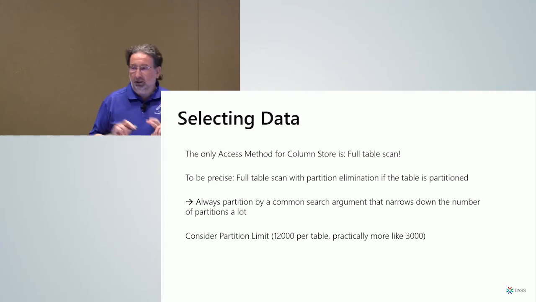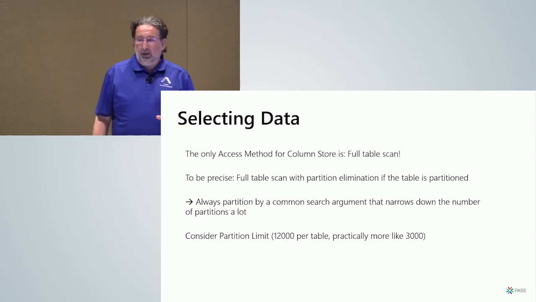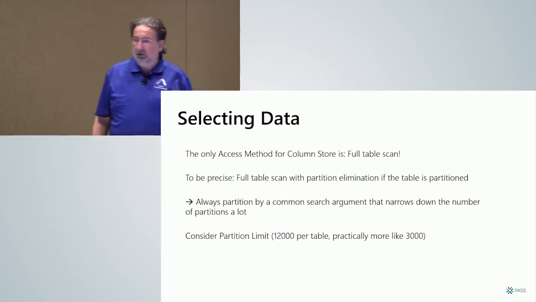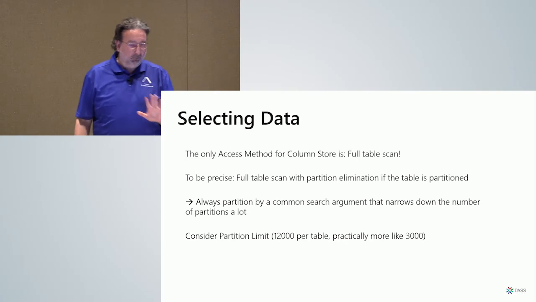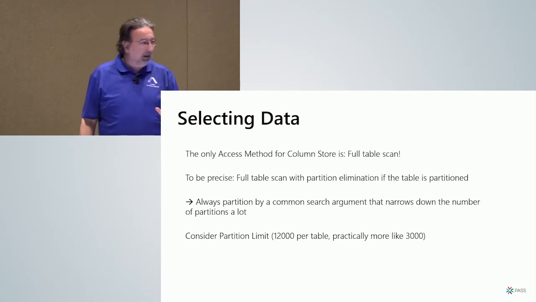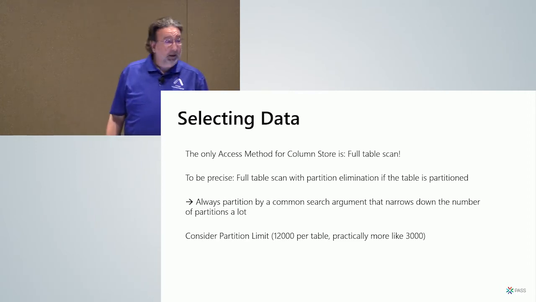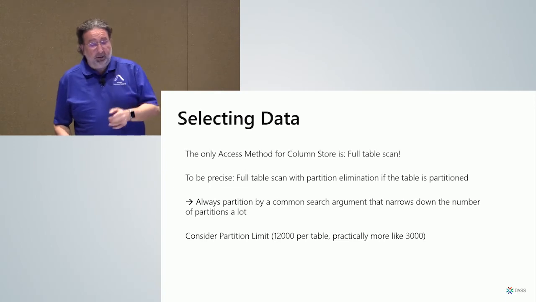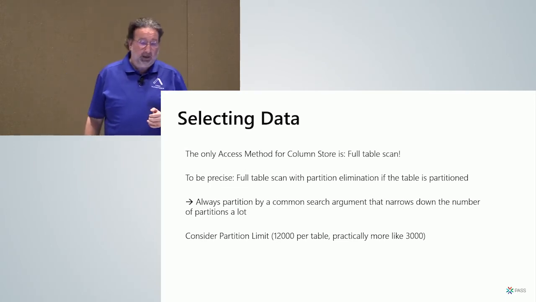If you Google partitioning on SQL Server, you will get that practically it's more like 3,000. Everybody who has more than 3,000 partitions complains about it online in blogs, because there are some weird things going on. Some people are still good with 4,000, but I've never seen anybody happy with 5,000 or 6,000. So I stick with 3,000. I like to be on the safe side. So try to keep the number of partitions below 3,000 so you don't have weird effects.